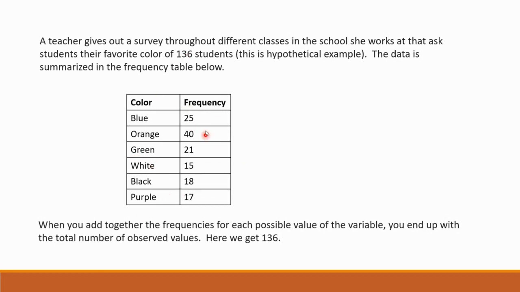There were 136 students here, okay? And this is the data we got. So 25 students said blue, 40 said orange, 21 said green, and so on. And you can probably guess from the statement here, but if you add these frequencies, you get 136, which is expected.